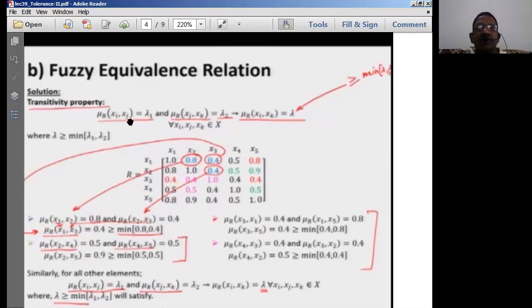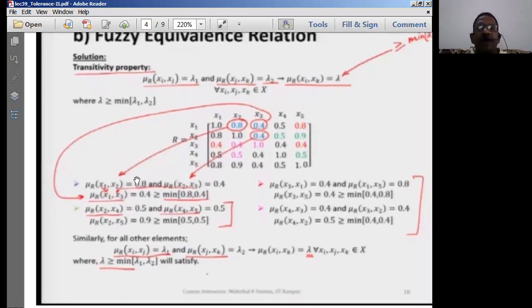Whatever xi I have used here, that same xi has to be taken over here, and whatever xk you have used here, that same xk has to be used here. That value is taken as lambda, and this lambda should compulsorily be greater than or equal to the minimum of lambda 1 and lambda 2. If it is satisfied for all the elements in this relational matrix, then the matrix satisfies the transitivity property.